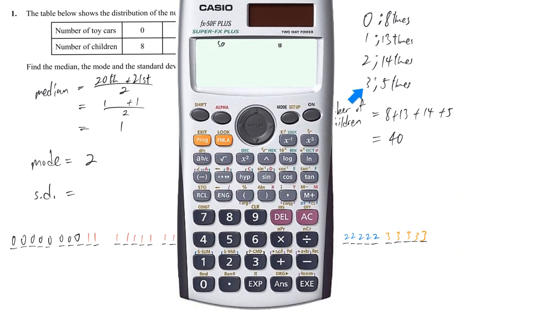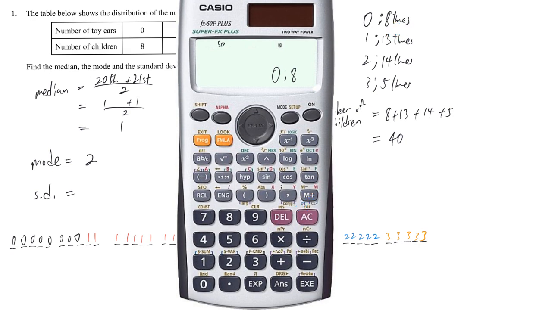When you input the data, we are going to input exactly like this. So first, we input 0 and then semicolon. You can find the semicolon here. So 0, shift this button, and then 8 times. You will find you input 0 semicolon 8. And then we input the data by pressing M+.